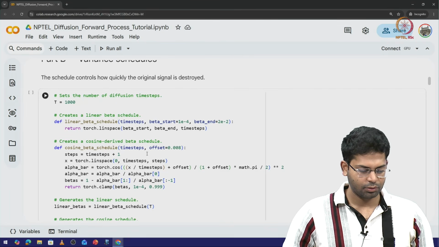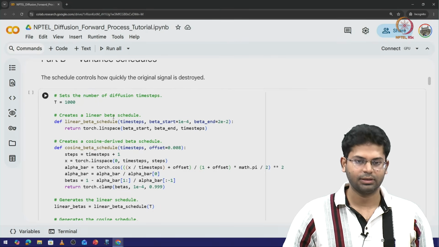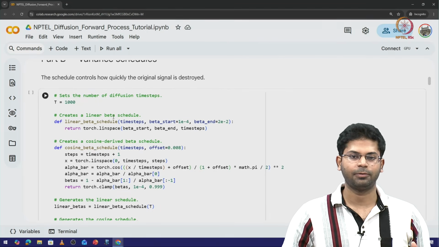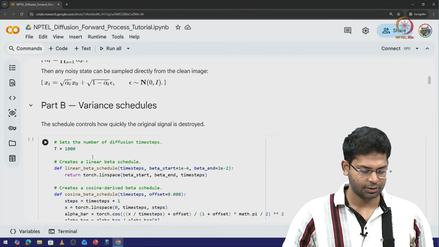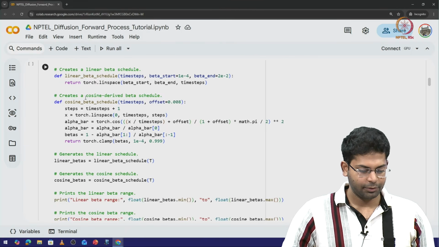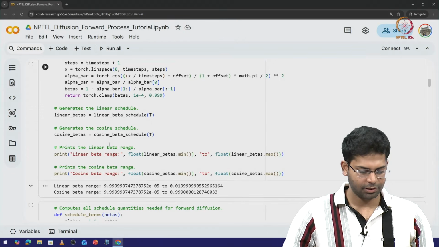So, let us set t equal to 1000, that is 1000 steps will be there starting from the original image to the noisy image, Gaussian noise, and you can define the linear beta schedule or a cosine derived beta schedule which are implemented.